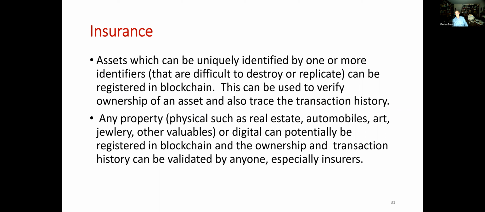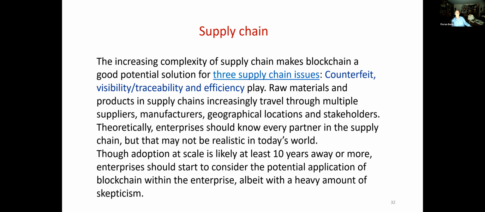Any property, and you can think of real estate, automobiles, art, whether physical or digital, can potentially be registered in a blockchain. When we started talking about that, remember we talked about binding between physical objects and their digital representation. This is the single most important issue in the case of insurance. That issue represents significant challenges in order to get all the benefits of the blockchain.